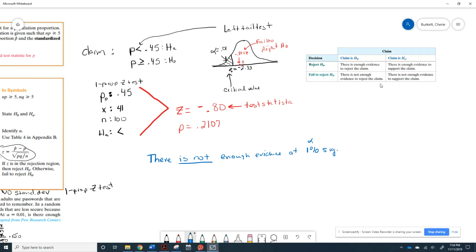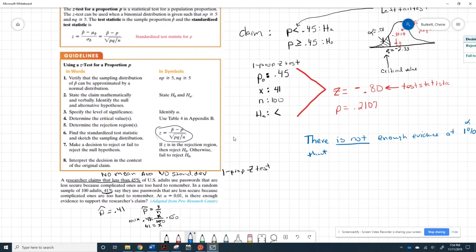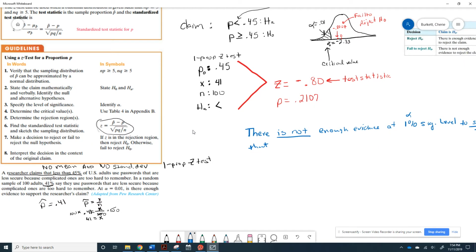Significance level to support, there's the other word, the claim that, and I don't remember what the claim was, that less than 45% of U.S. adults use passwords that are less secure.